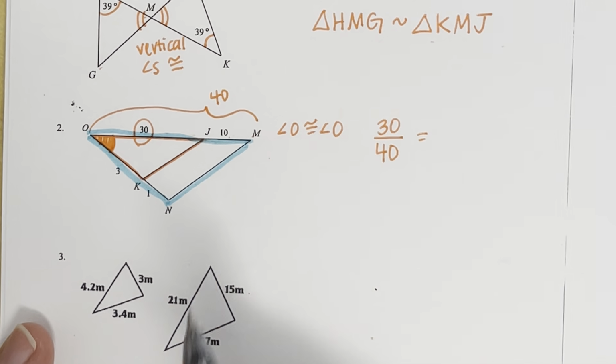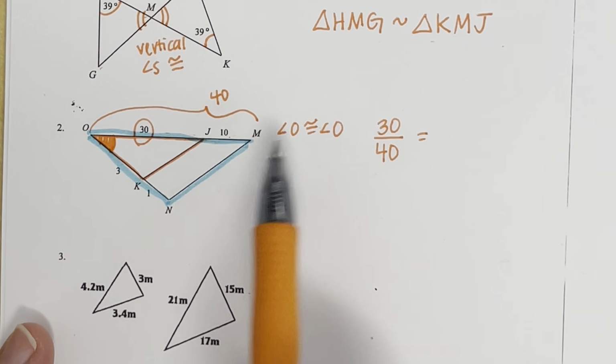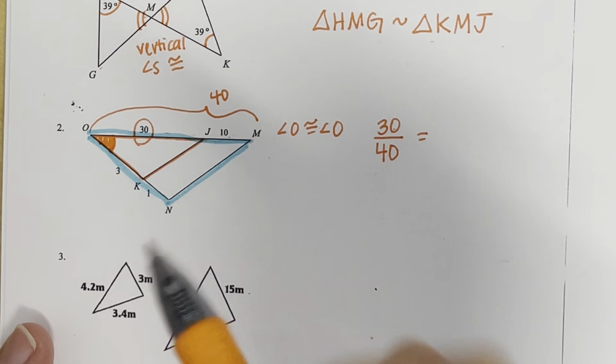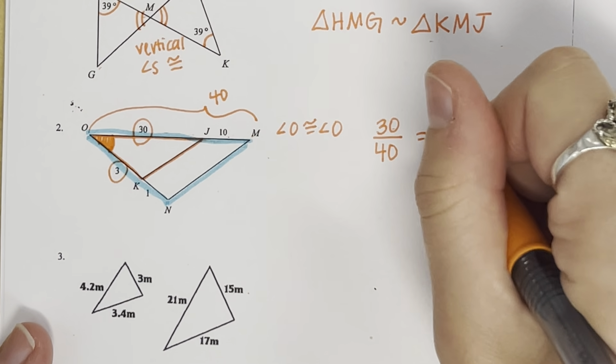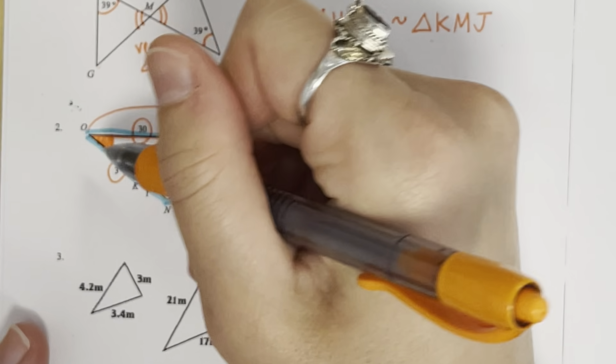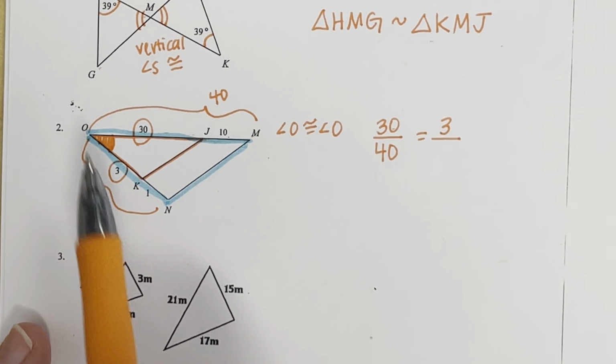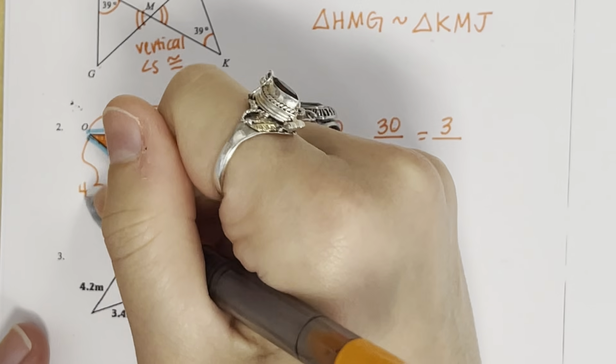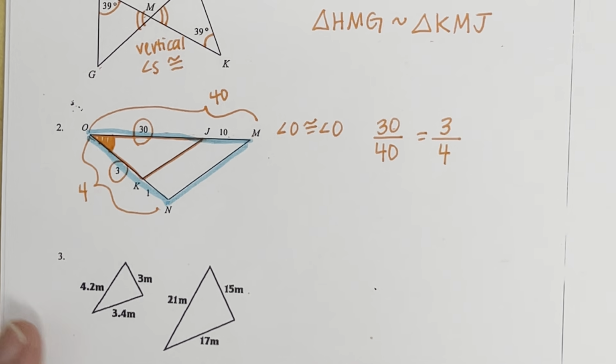Equals, and then I'm going to do the same thing on the opposite side. Now, because I named the side that was the orange triangle first, I'm going to name that first for the other triangle as well. So I've got 3 for the other side, and then again for the whole side length OM, I have 3 plus 1, which gives me 4. So I can put these into my calculator, or I can just take a look.